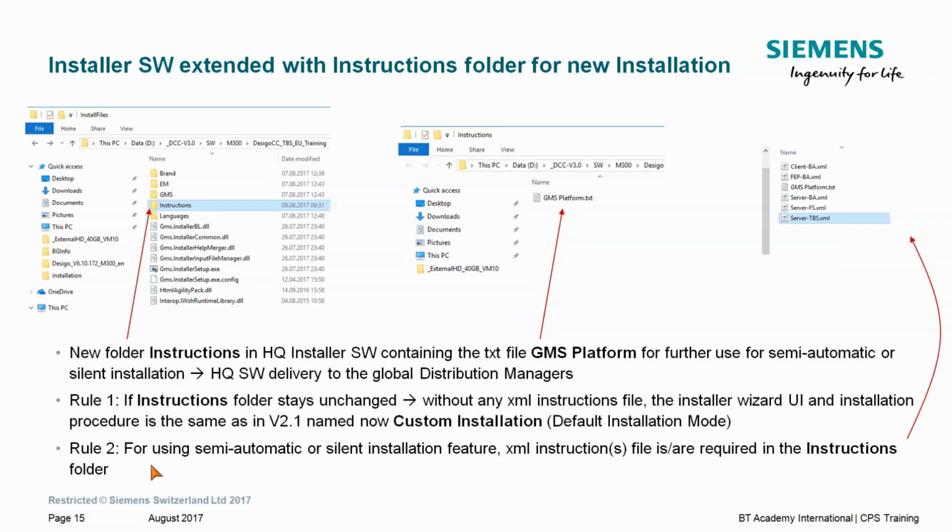So what I wanted to say here, basically, for using the semi-automatic or silent installation feature, XML instruction files are required in this instructions folder. We will see how to generate them in the further slides.